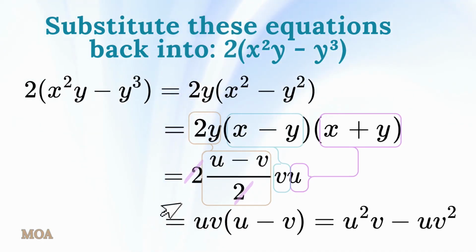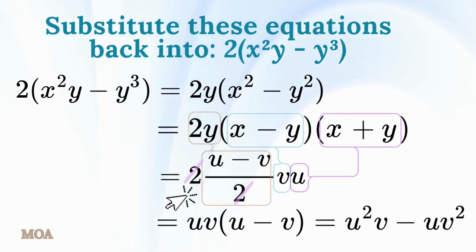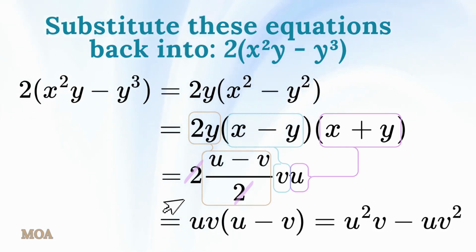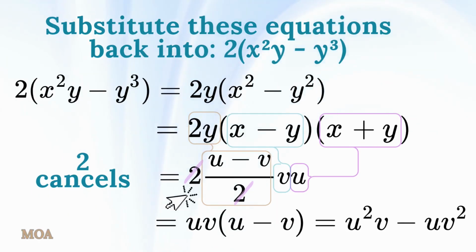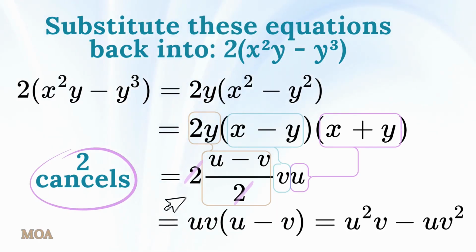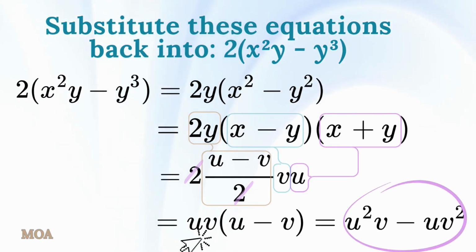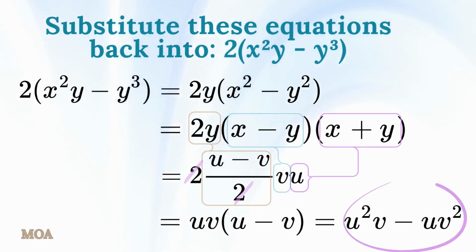Now, substitute y equals (u minus v) over 2, x minus y equals v, and x plus y equals u. 2 times the quantity (u minus v) over 2, times v times u. In this product, the 2 in the numerator cancels with the 2 in the denominator, yielding u times v times (u minus v), which equals u squared times v minus u times v squared.